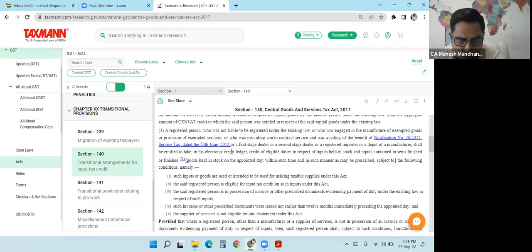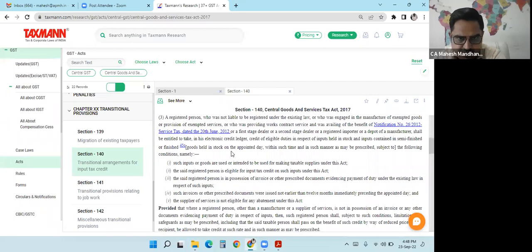For them also, they can claim the transitional credit, whatever is there on those inputs in the stock, inputs or capital goods.